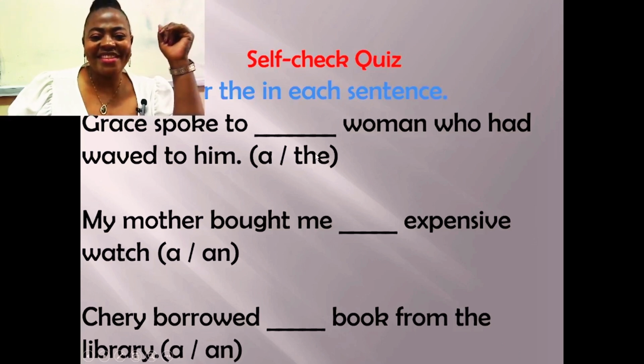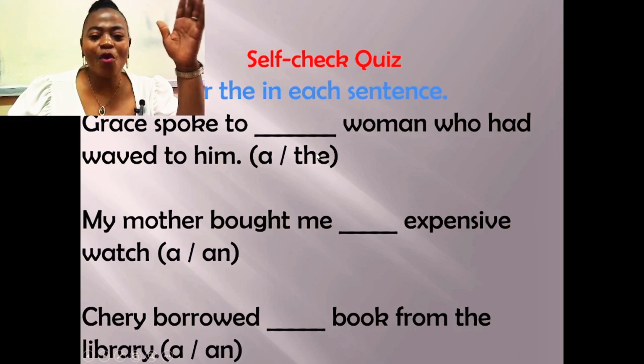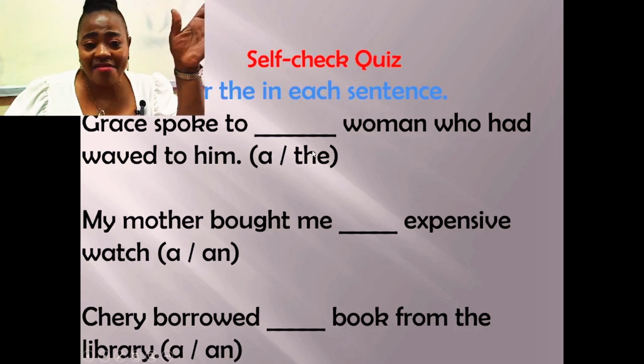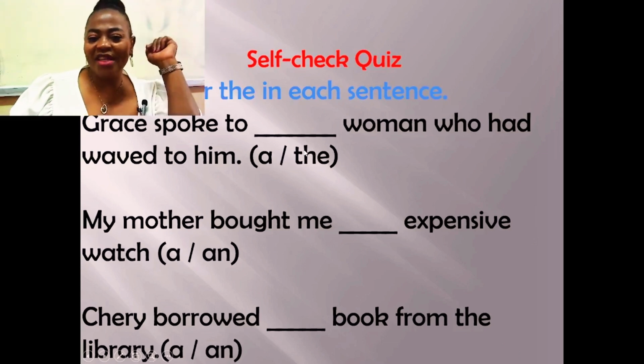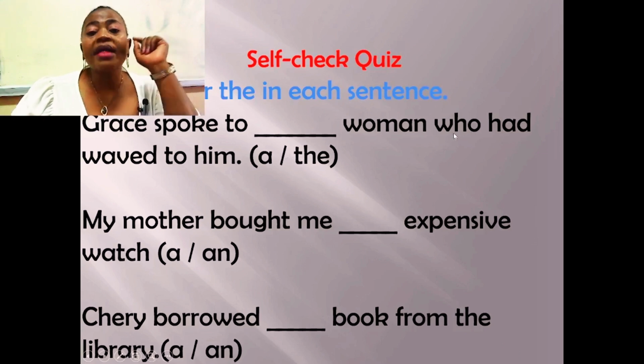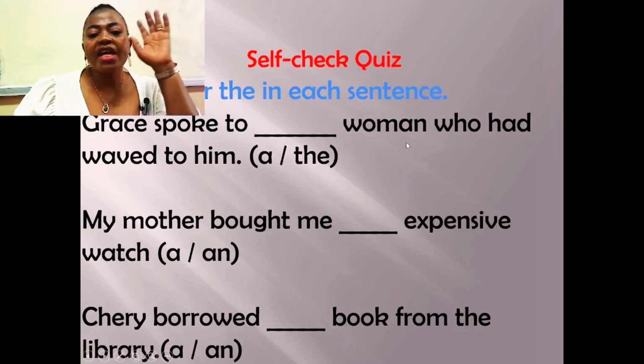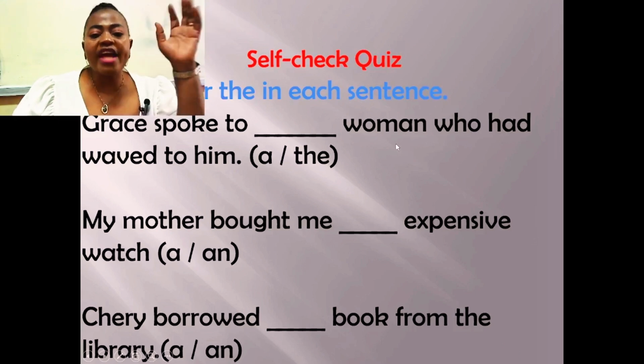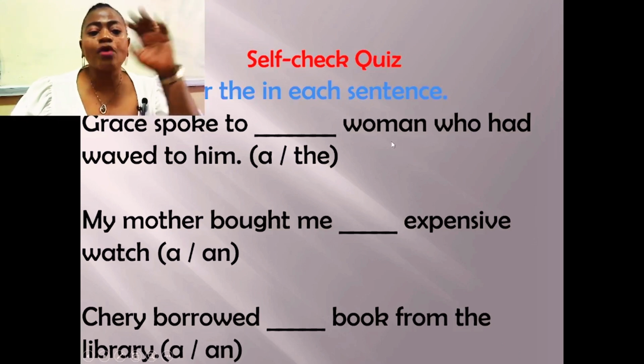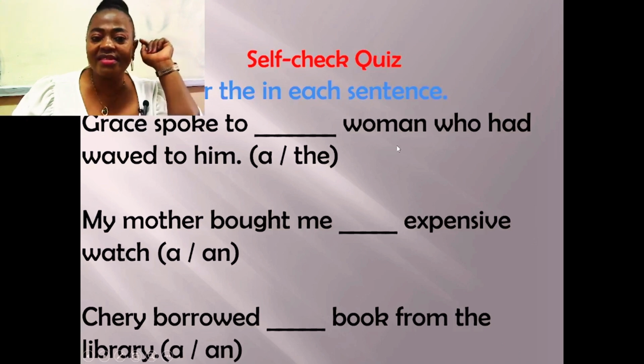1, 2, 3, 4, 5. I guess you have got the answer correct. So the correct answer is: Grace spoke to the woman who had waved to her. The answer is the.